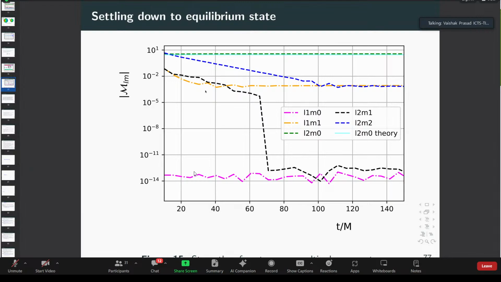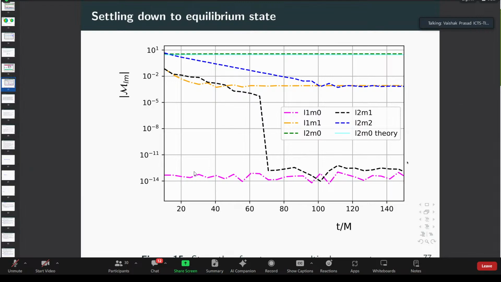What you see here is that the multipole moments which encode the deformative state approach the Kerr multipole moments. After a certain amount of time, they are just numerical noise. This is the numerical noise floor for the L2M1 and L1M1 modes, whereas this is the numerical noise floor, which is not too low, but still lower than the dominant multipoles for the other two multipoles. And what this shows is precisely that we have a common horizon that is settling down to a Kerr horizon.